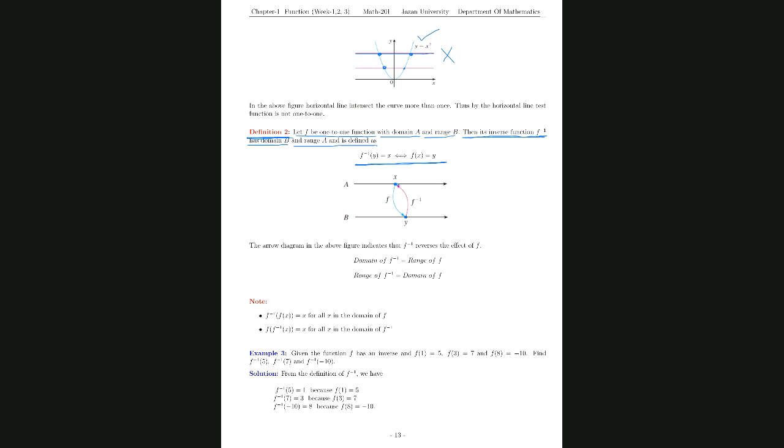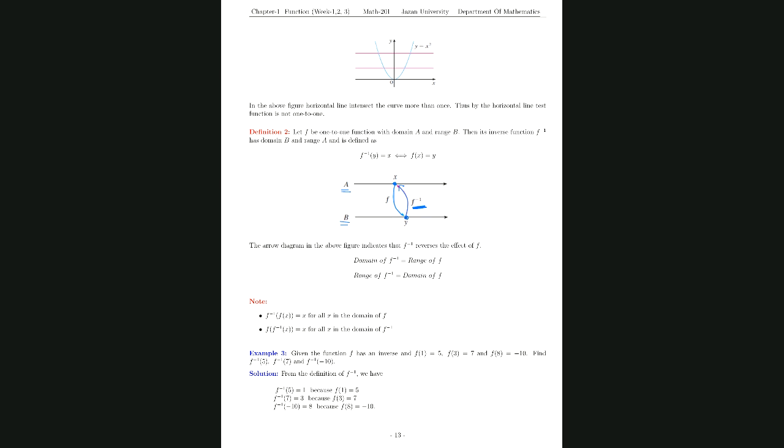Here, see, this is domain A. So in domain A this is the input, and in domain B this is the output. So the function f goes from here to here. And if the inverse exists, then the inverse notation is f power -1, f inverse, from here the opposite way, from here to here. See this.